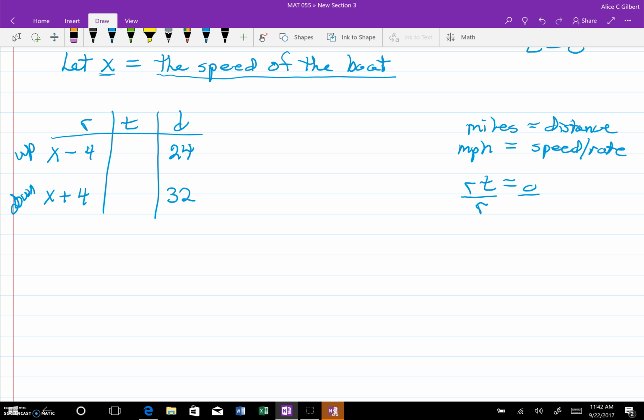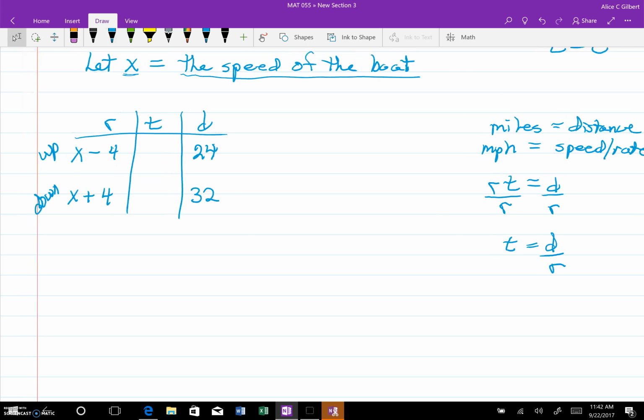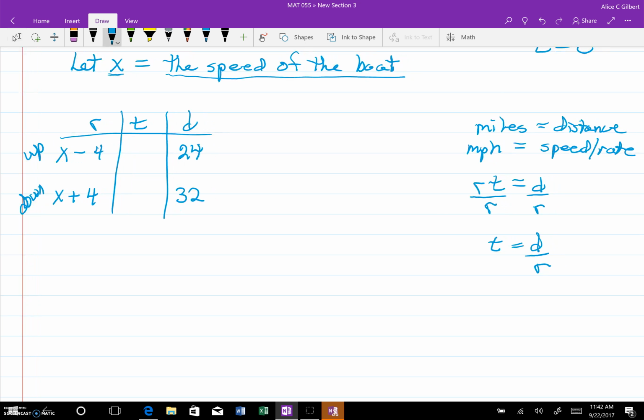If I divide by r on one side, I need to do it on the other. That leaves me with t equals d over r. Do I have a d? I do. Do I have an r? I do. So d over r, these are my times.